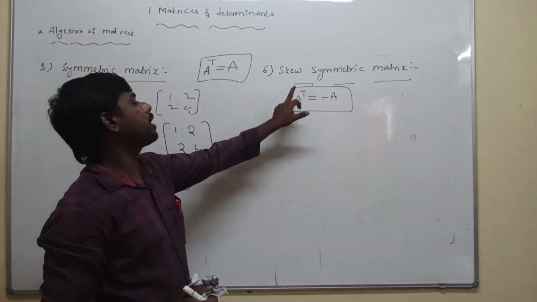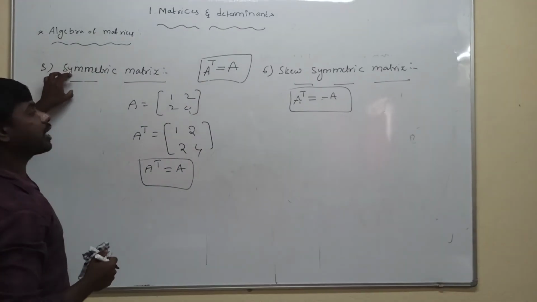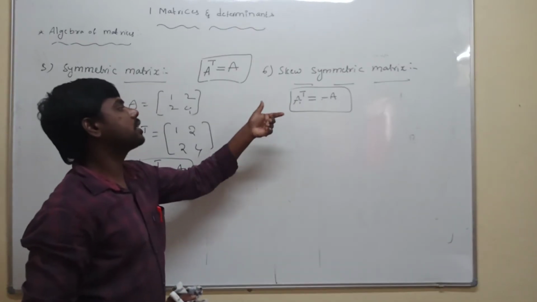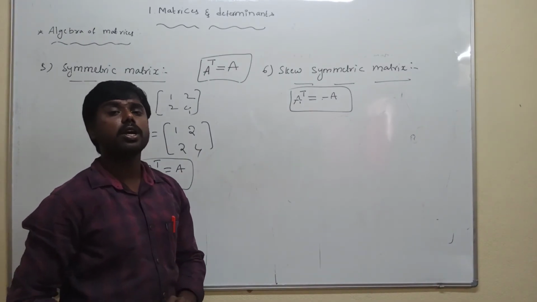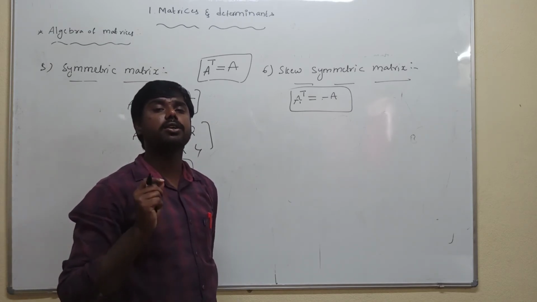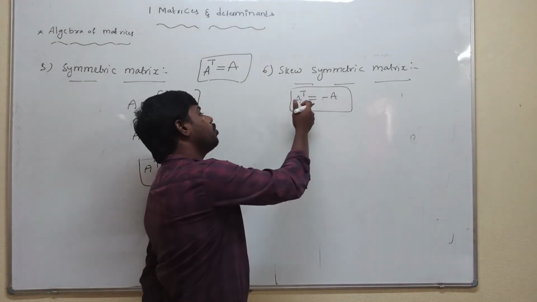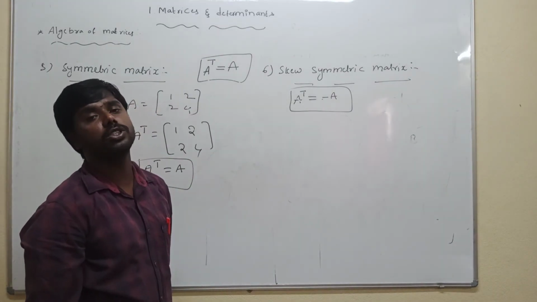The definition: a square matrix A is called skew symmetric if A^T = -A.